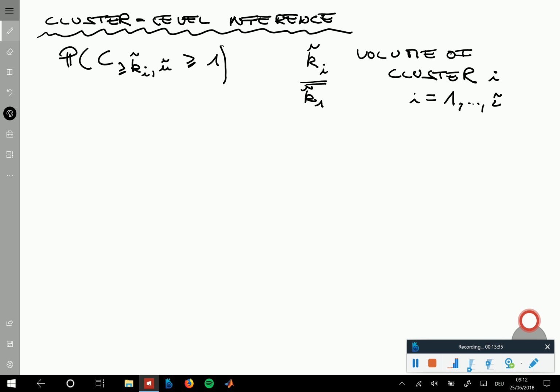So we're talking now about the probability of observing one or more clusters of volume equal to or larger than the volume of this specific cluster at a specific cluster defining threshold. What you already see here is that the cluster extent threshold, this k tilde, doesn't play a role. It's not there.